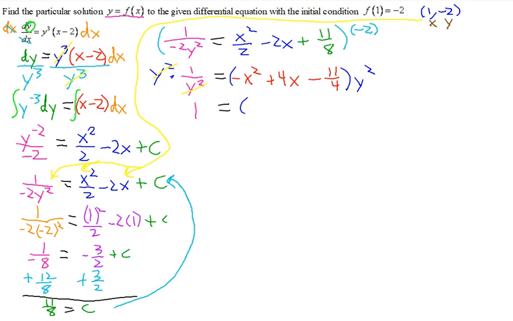Just leave it in parentheses, all multiplied by y squared. And then divide by that whole thing in parentheses, negative x squared plus 4x minus 11/4.